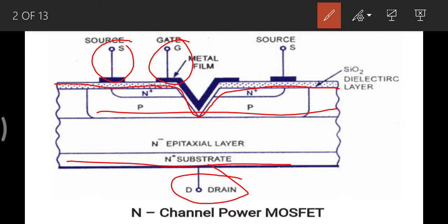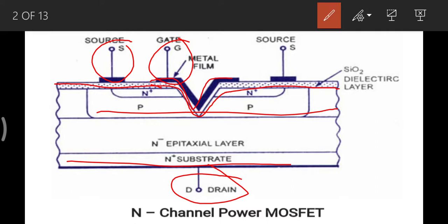So here we are using the metal oxide on the layer, and at the same time some thin material is applied on the metal oxide layer to connect the gate terminal. So this is the basic structure of the power MOSFET. This is for the N-channel power MOSFET.